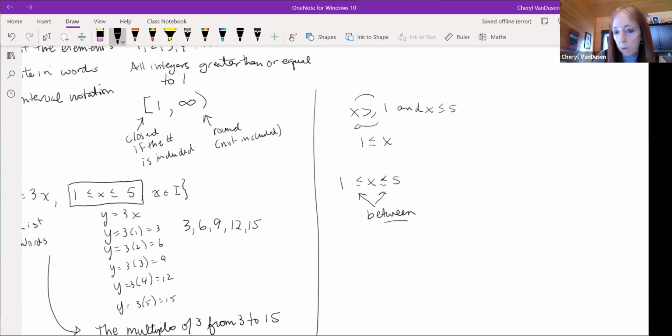We change the symbol around, and then we slot this in here like this, and then we only write the x once. See how that happens? Sometimes I have students that go, why is it a less than sign? Well, that's how it gets to be a less than sign. The thing for you in your class to remember is that this terminology means between. Okay.